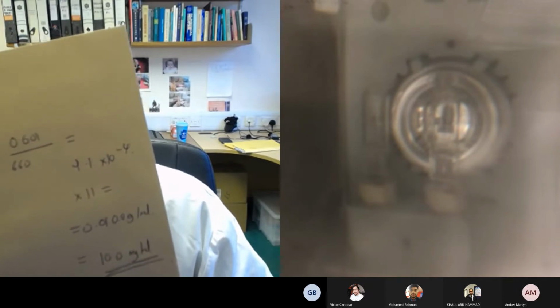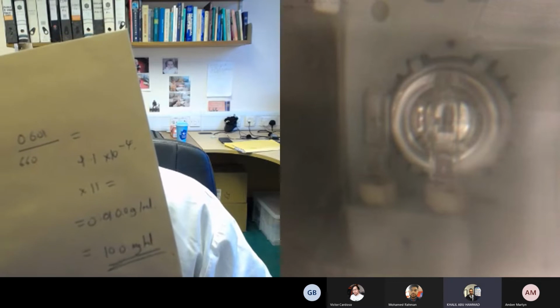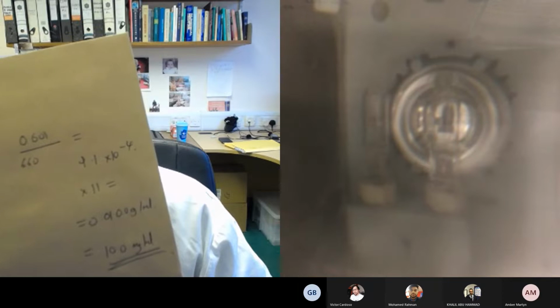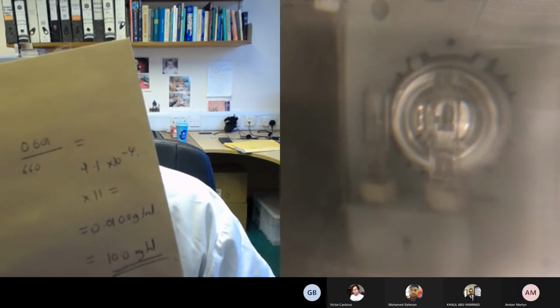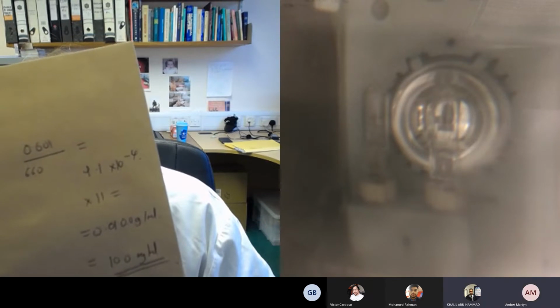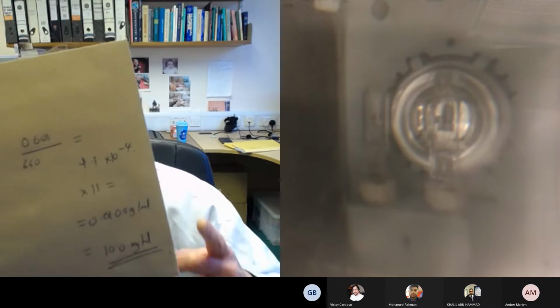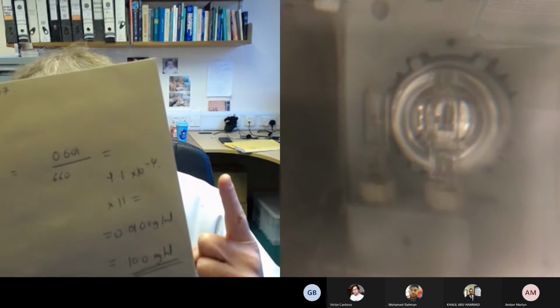How many milligrams in a gram? 10 to the 3. 1 gram is how many milligrams?